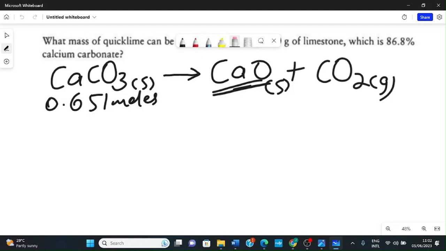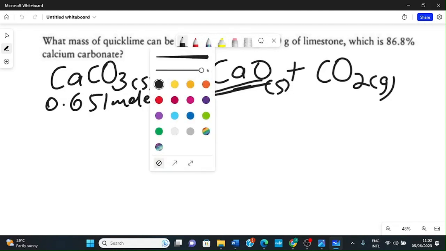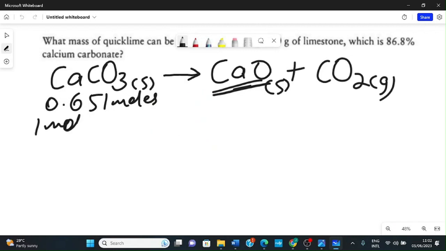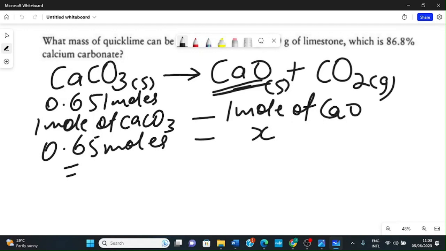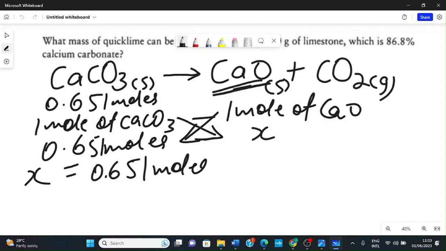So we'll say 1 mole generates 1 mole of calcium oxide, and 0.651 moles will generate what? If we cross multiply, x will be equal to 0.651 moles of calcium oxide.